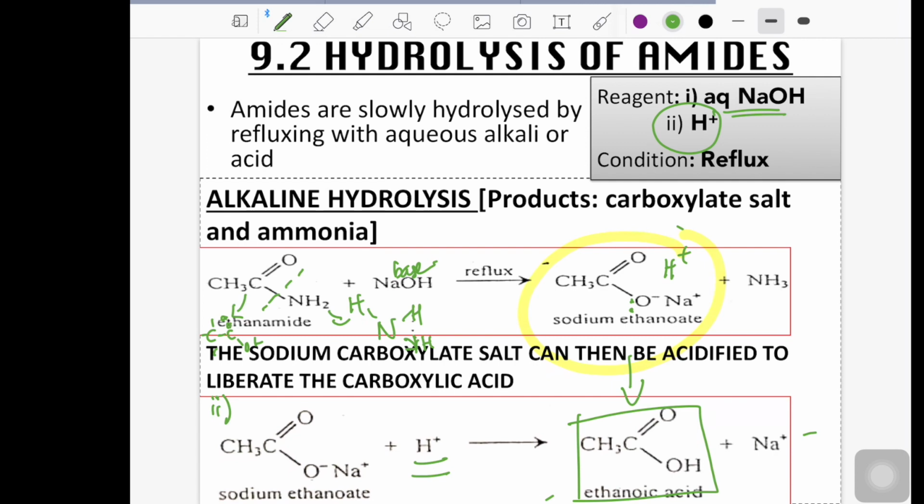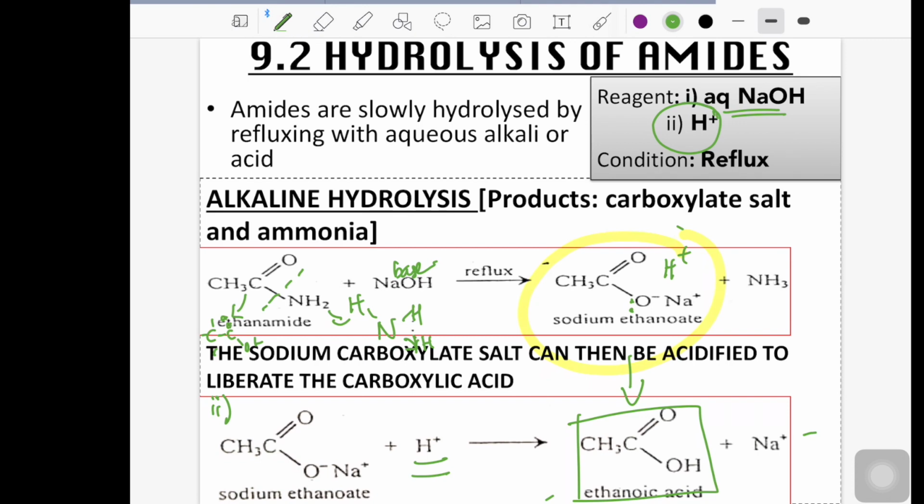Please bear in mind, you have two choices if you want to break down the amides. You can choose acid hydrolysis, or you can choose alkaline hydrolysis, depending on what your target product is. If you use alkaline hydrolysis, you will get sodium ethanoate, but you can also get the ethanoic acid by reacting the sodium ethanoate ion with acid.